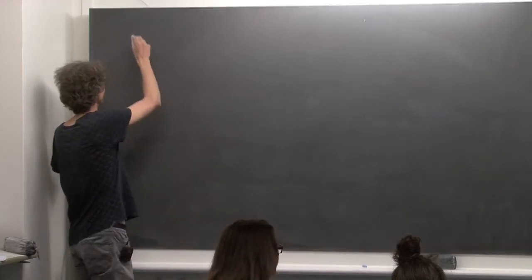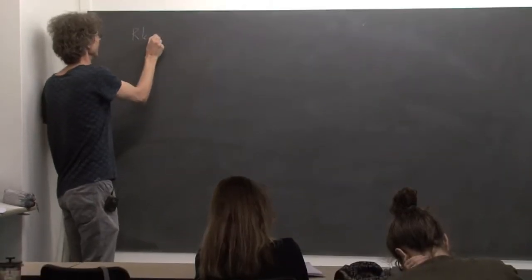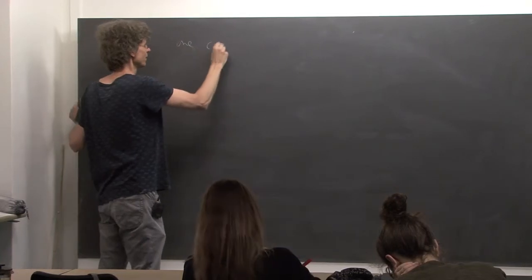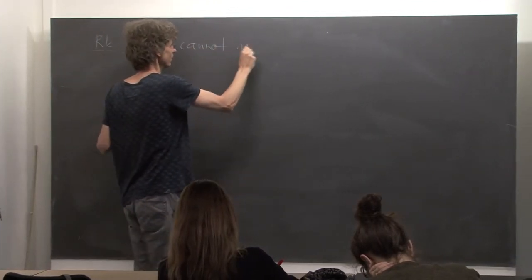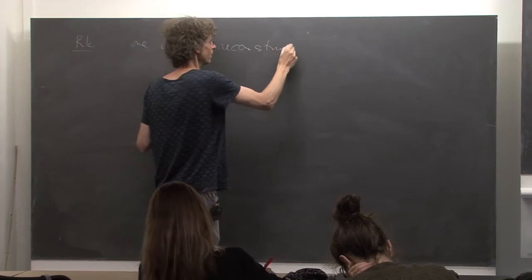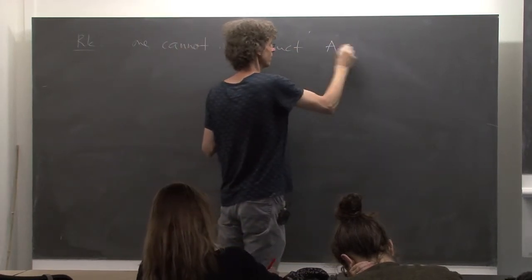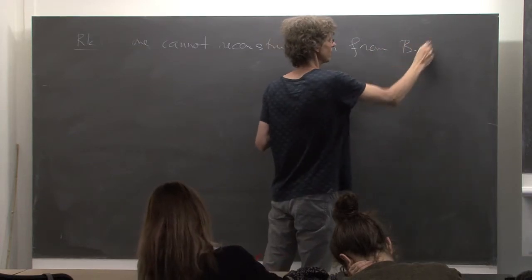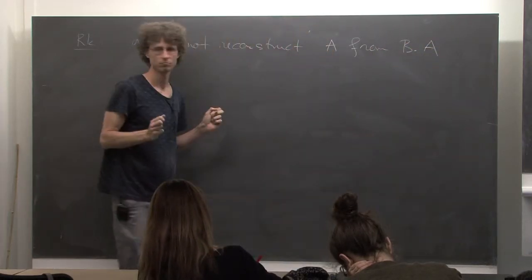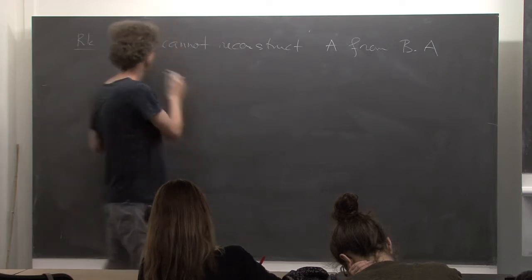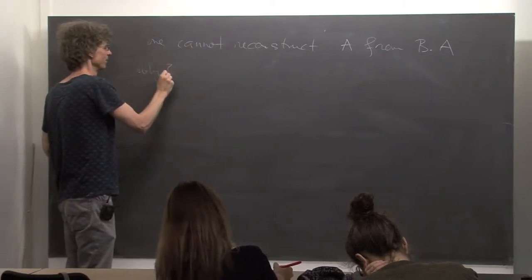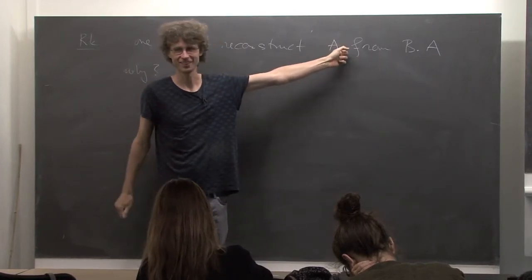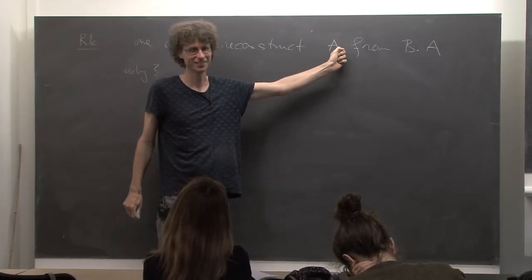So remark. One cannot do this. So where's the problem? So, okay, A as such, as an object, certainly can be reconstructed.